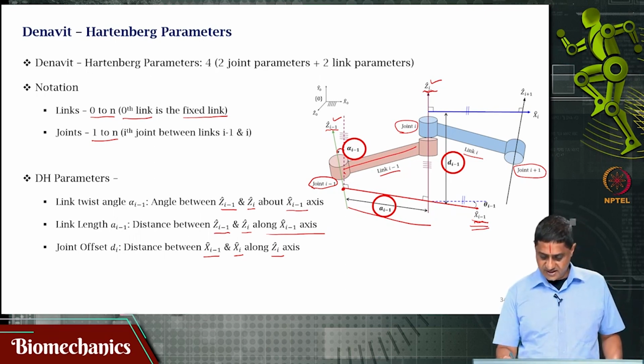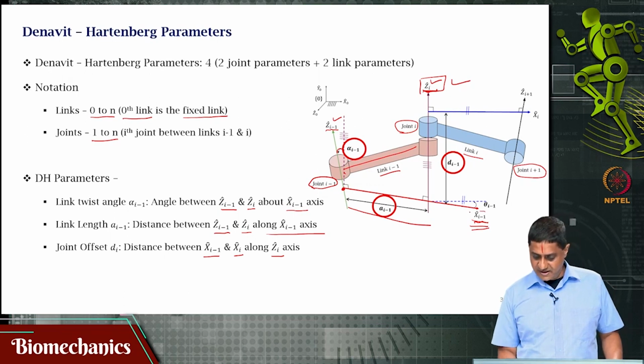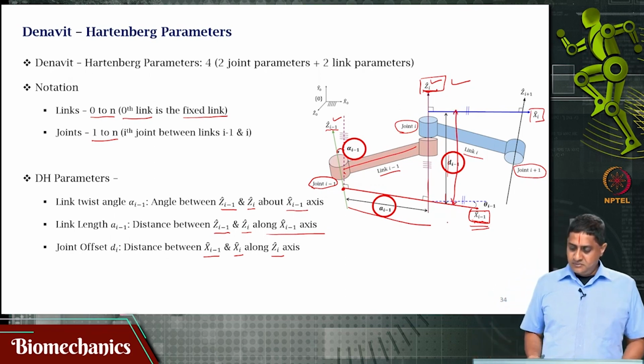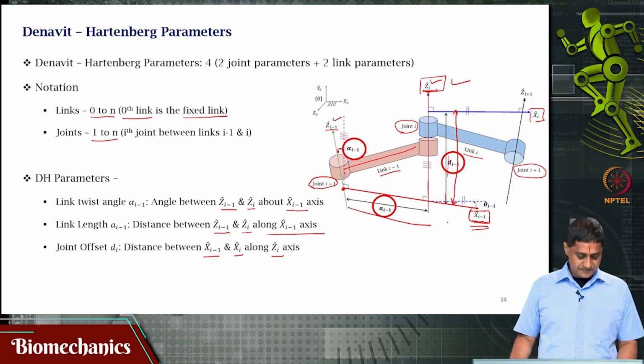So, this is the z i axis, the distance between the x i minus 1 axis and the x i axis along the z i axis, that is this distance. This is called the joint offset d i.